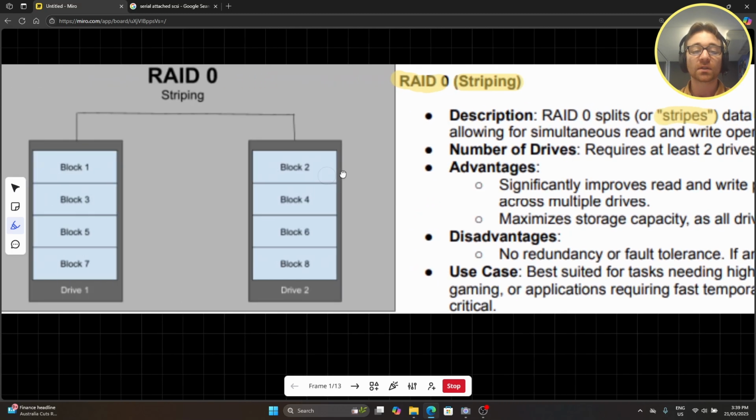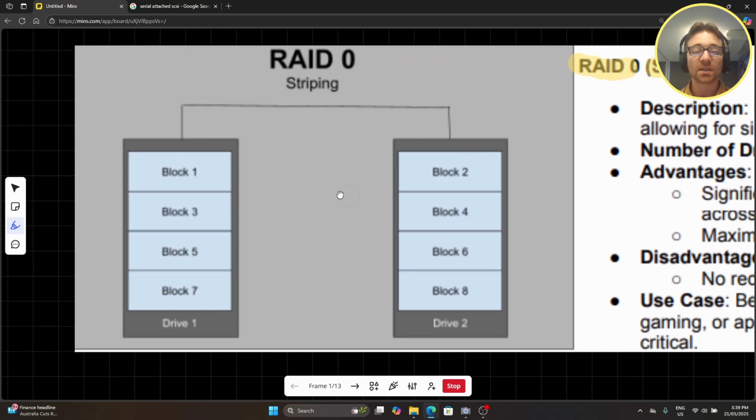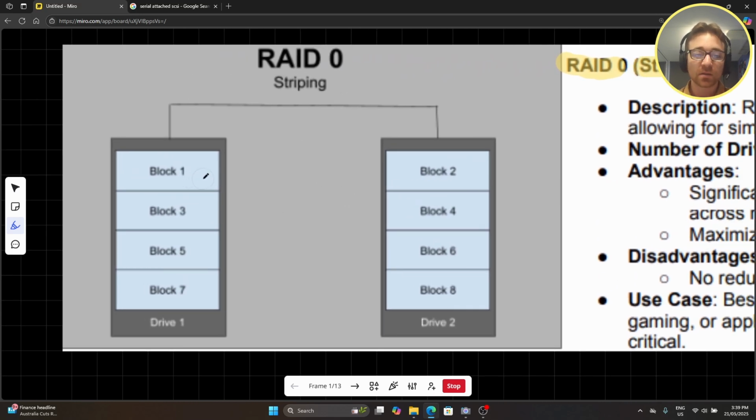So if we come over to the visual representation, you can see here in RAID 0, we have block 1 of data here. The next block is block 2, which is on drive 2. Then the next block is block 3, which is on drive 1. So it is splitting that data evenly across both drives, right?